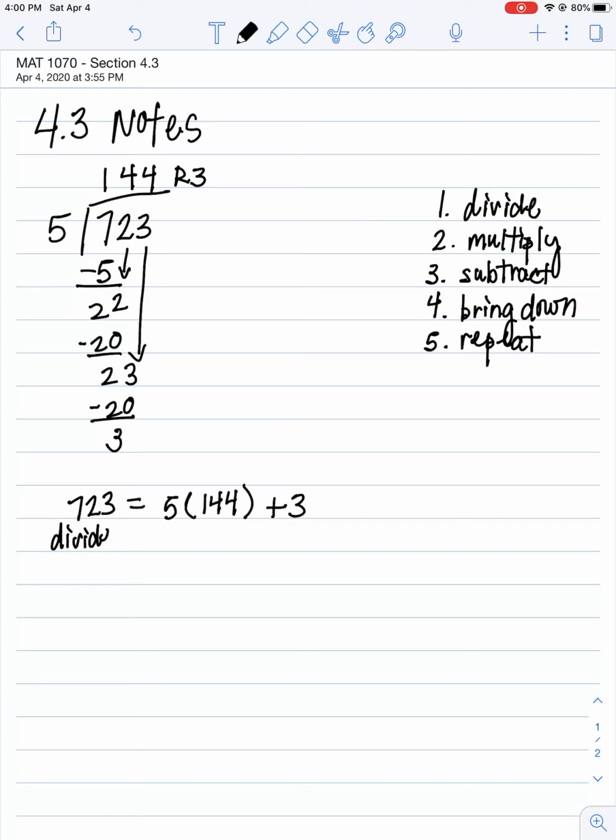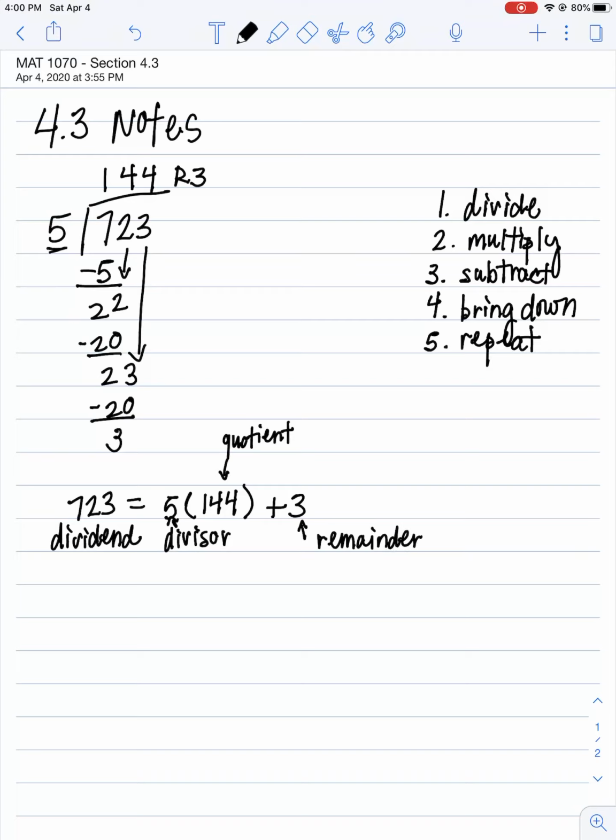Let me make sure you realize some stuff. This 723, that's called your dividend. It's what you're dividing into. The 5 right here is what you divided by, so it's called your divisor. 144, well, that was the answer to a division problem, and the answer to a division problem is called a quotient.